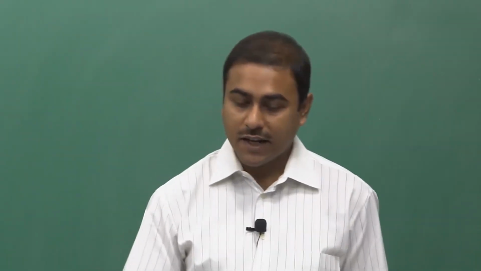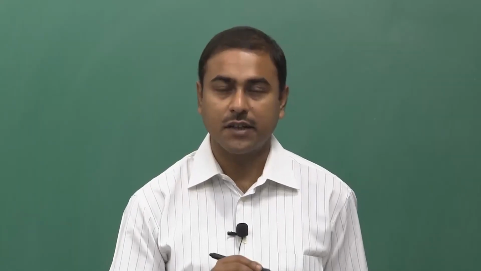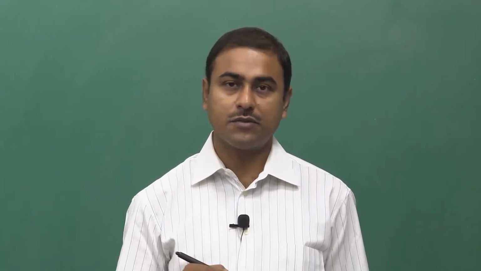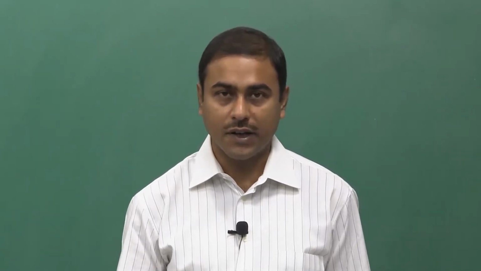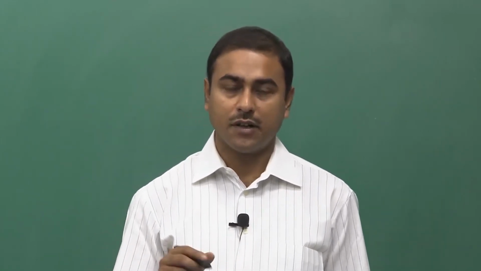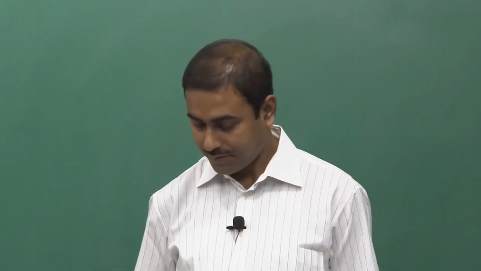It means that if I follow the working principle of this TCSPC system, I will never be able to achieve a time resolution or IRF less than 25 picosecond. But if you are interested in measuring dynamics which are much faster than this, then you have to go for a different type of arrangement by which you will be able to get a much shorter IRF.